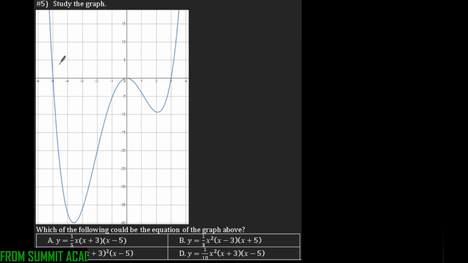And for number 5, it says study the graph. I have a couple curves. And what you can do is say which of the following could be the equation for the graph above. So a couple strategies.